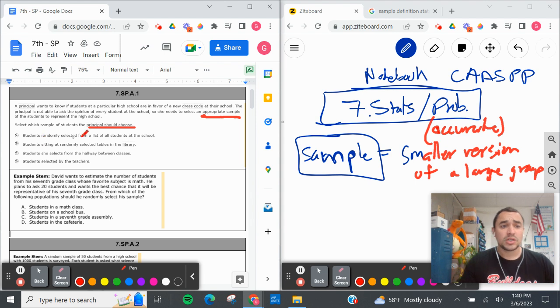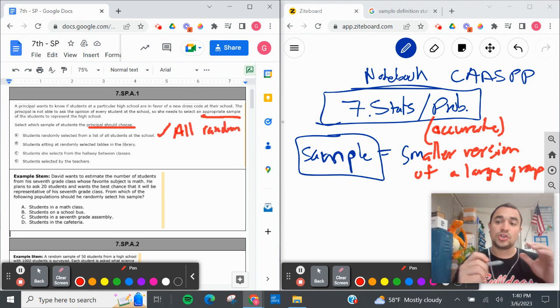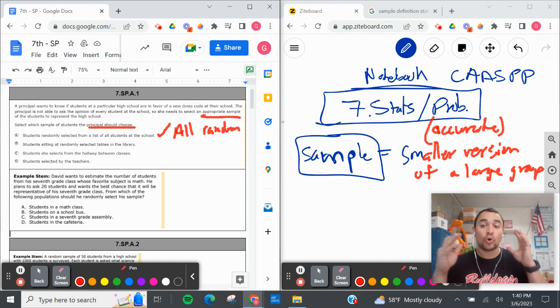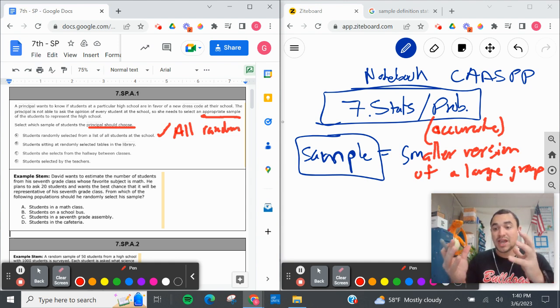All right, students randomly selected from a list of all the students from the school. Honestly, if everyone's included and you pick randomly, that's probably going to give you a good indication, because you're selecting from a whole pool. So that's the large version, everyone, and choose randomly.